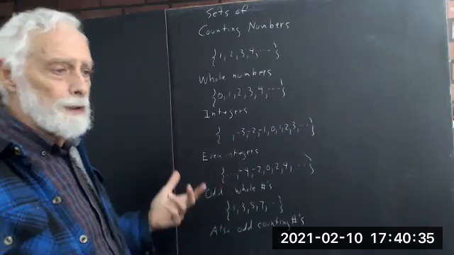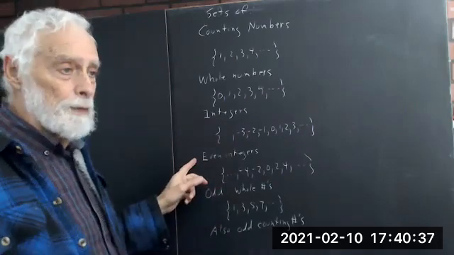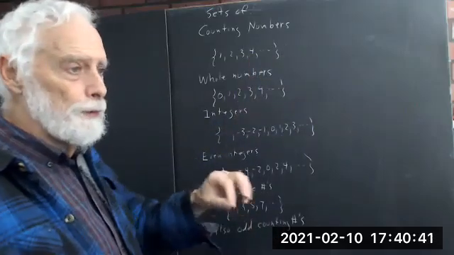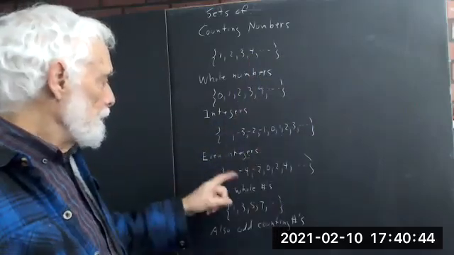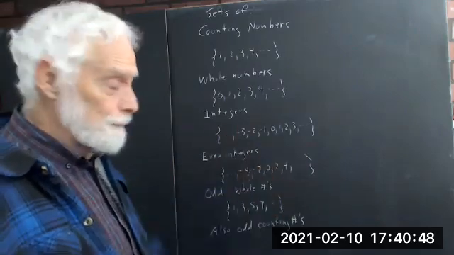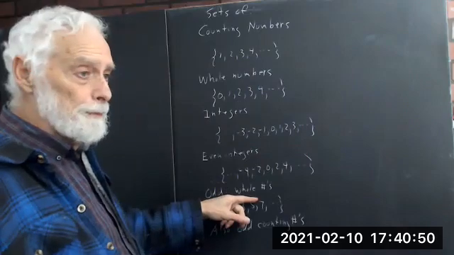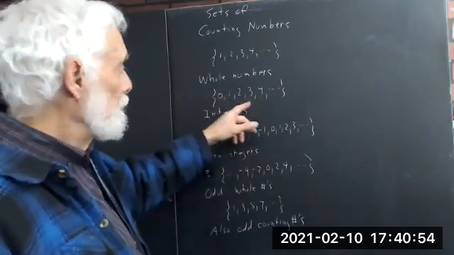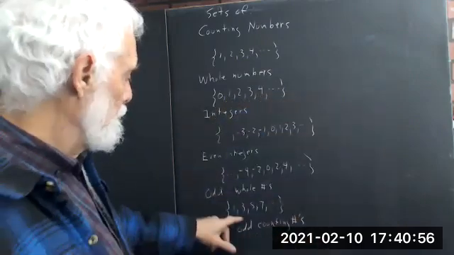So then we could talk about sets like even integers. Well, we know what even numbers are: 2, 4, 6, 8, and so forth. They end in 2, 4, 6, 8, or 0. So the even integers, well, there they are. All the integers that are even. Odd whole numbers, well, you know what the whole numbers are. You just pick out the odd ones, which would be 1, 3, 5, 7, 9, and so forth.